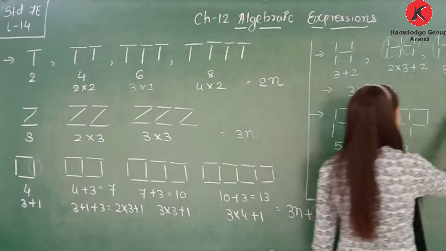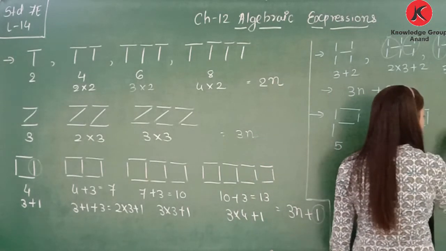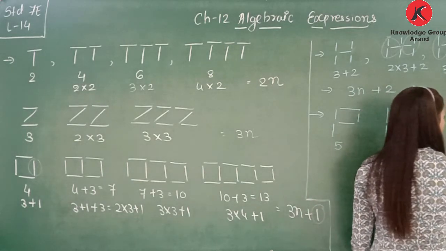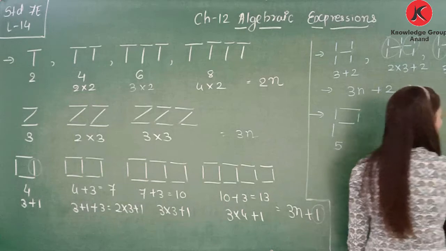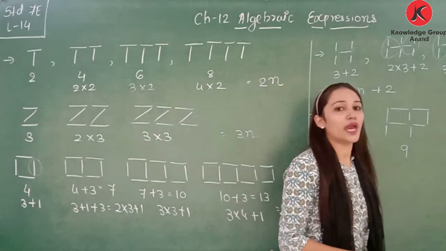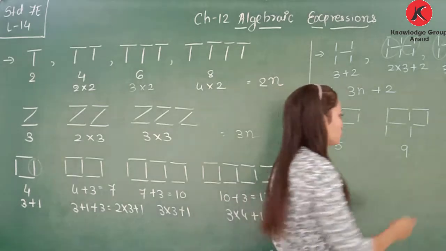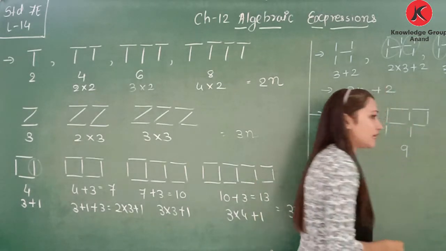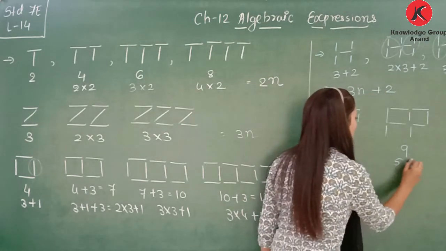For the next pattern, we need 5 matchsticks for the first, then we need to add 4 matchsticks and at the last we need to add 4 more. So every time we are adding 4 matchsticks more to get a consecutive pattern. So this is 9 plus 4, that is 13. 13 matchsticks are required. Here 5 plus 4.